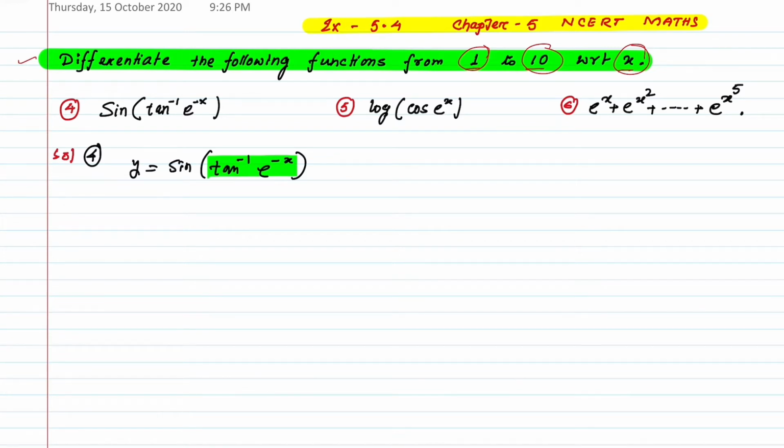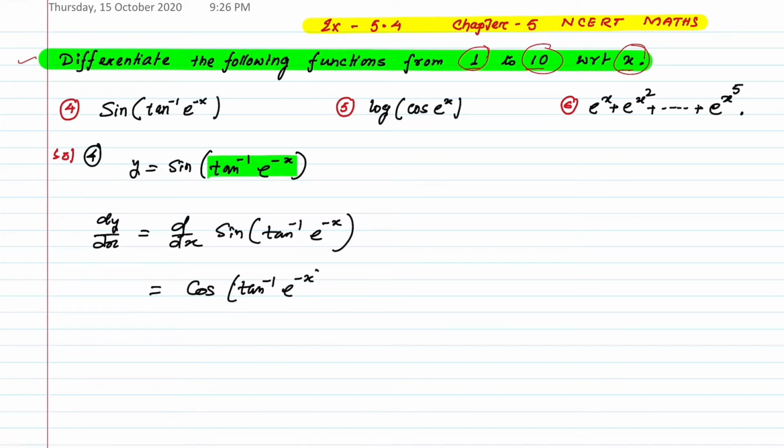If you assume this one as sine x, then dy by dx is equal to derivative of sine of tan inverse e to the power minus x. Here we know derivative of sine x is cos x, isn't it? So assume this one as x, then our result is going to be cos of tan inverse of e to the power minus x.